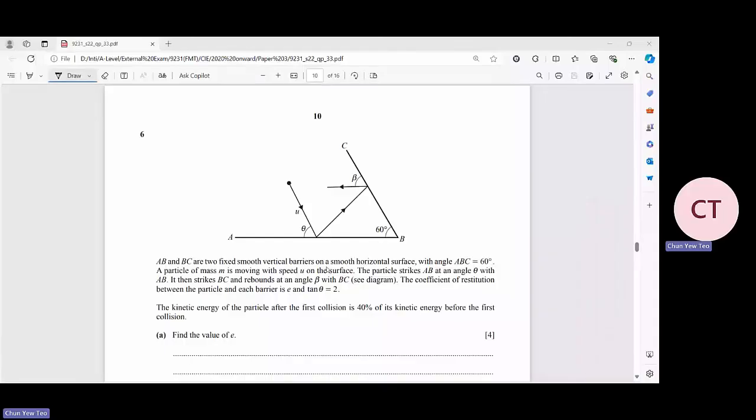Now we take a look at question number 6. AB and BC are two fixed smooth vertical barriers on a smooth horizontal surface. Okay, so this is the AB and BC, with the angle ABC 60 degrees. A particle of mass m is moving with speed u on the surface.